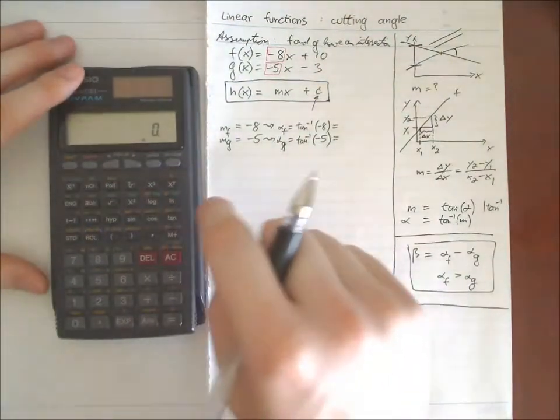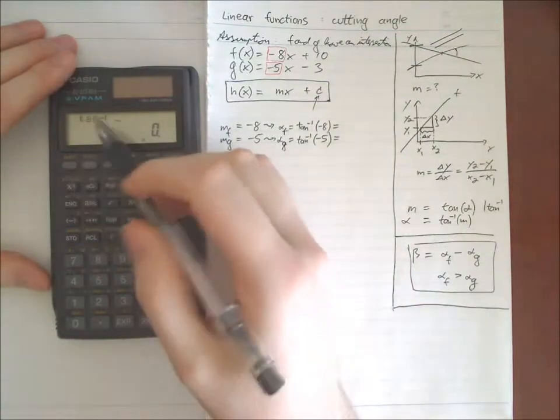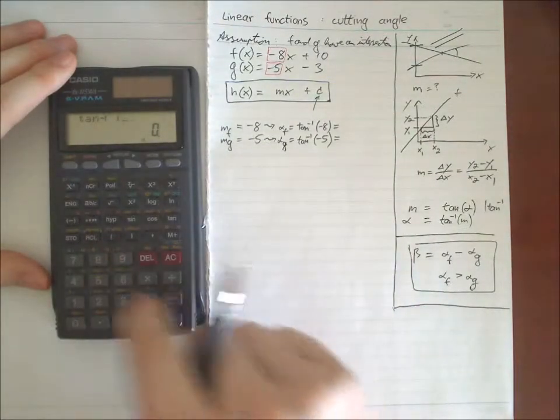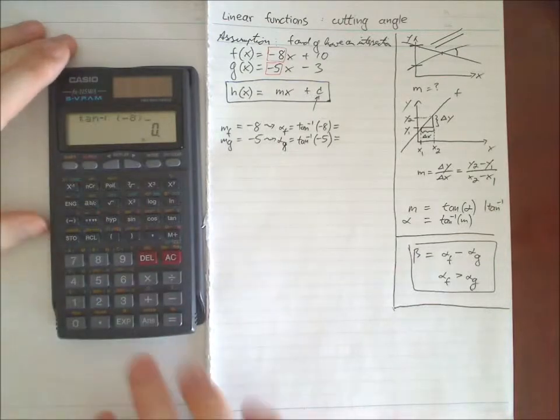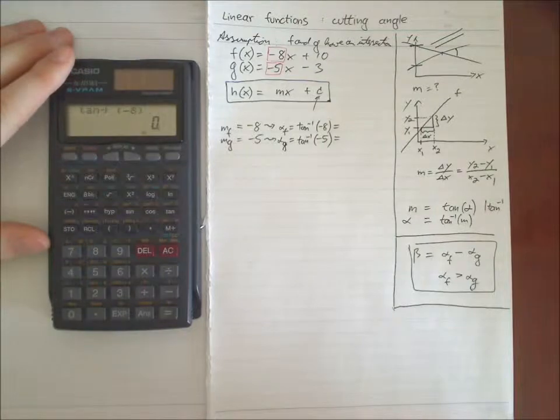So we take shift and then tangent to get the inverse tangent of minus 8. And now one thing, I get a lot of comments on YouTube, and this is actually how it doesn't work, but I want to show you.